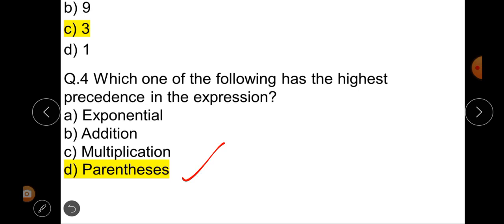Order means whether they are evaluated left to right or right to left. Some operators are evaluated from right to left, and most of the operators are evaluated from left to right. So these two things should be remembered, and the table is given in your book. This is a revision part of your Python programming, so I think all of you are aware of the table related to precedence and order of the different operators if they are part of the same expression.